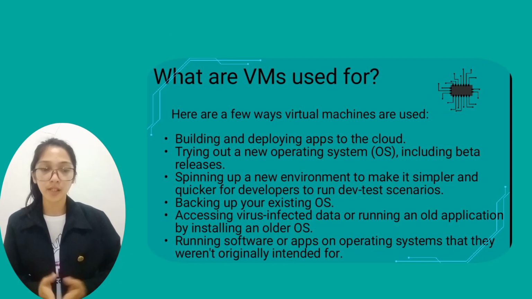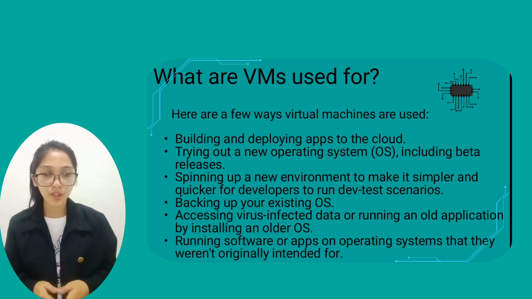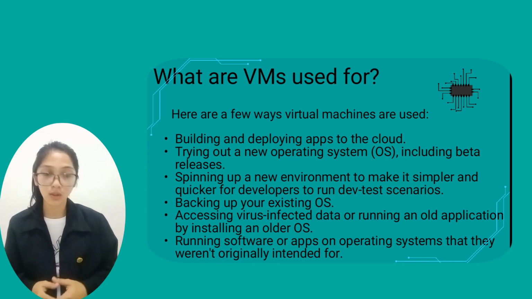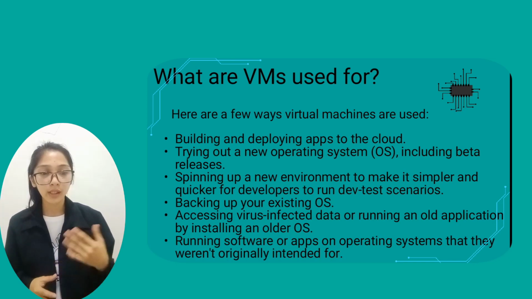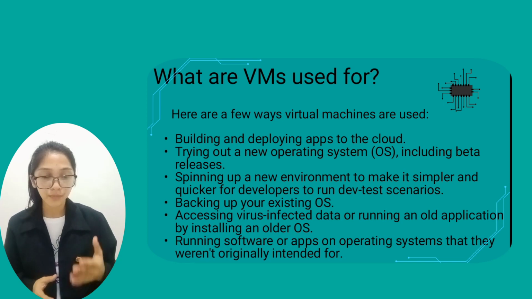So what are VMs used for? Here are a few ways virtual machines are used. First, building and deploying apps to the cloud, and trying out a new operating system or OS, including beta releases. Next is spinning up a new environment to make it simpler and quicker for developers to run test scenarios.